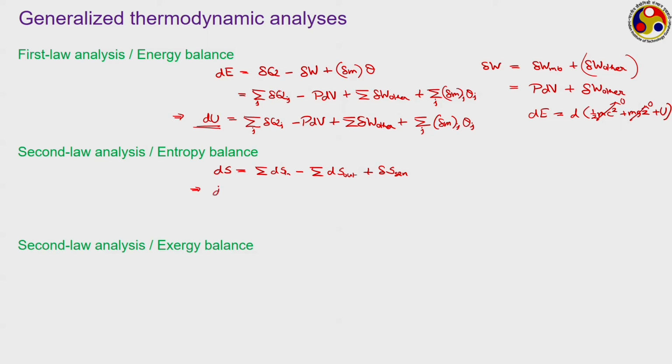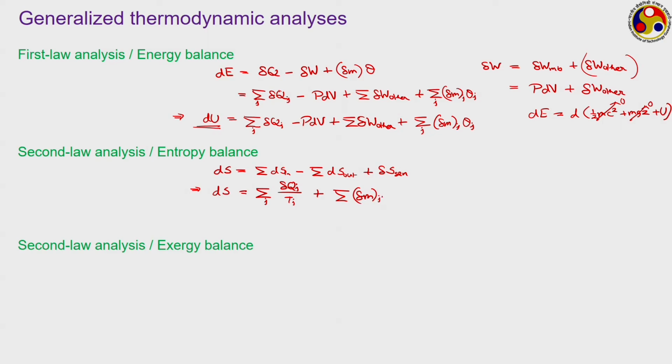Or we can write this equation as, considering all possible types of entropy flowing into or out of the system, we can have entropy coming in with heat transfer. Again, there may be several possible types of heat transfer. There is no entropy transfer with work transfer, whether it is moving boundary work or any other kind of work, but there will be entropy transfer with mass.